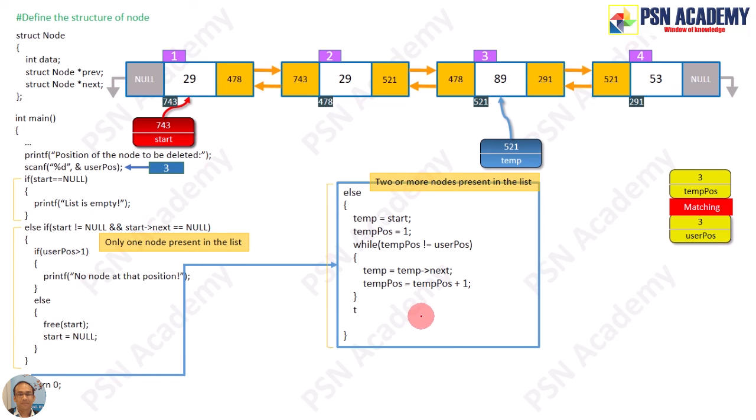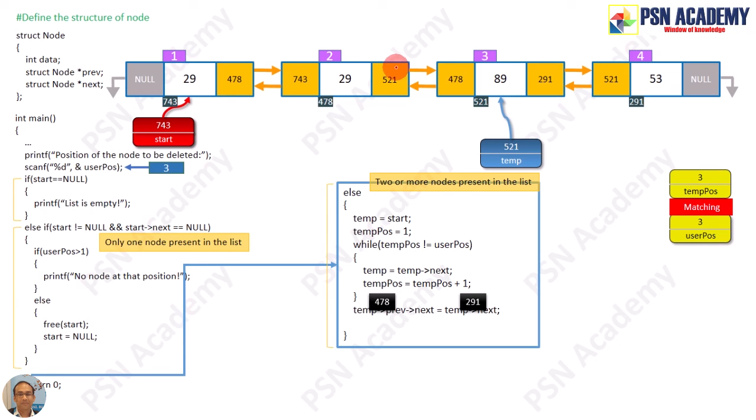So we write temp prev next equal to temp next. What is the meaning of this? What is temp prev? It is 478. That means this node. So the next of 478 will be loaded with 291 because temp next means 291.